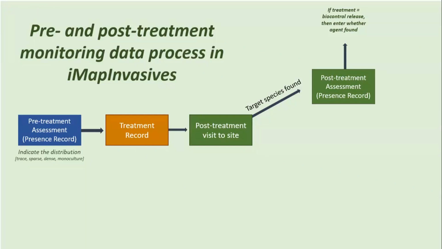If any of you were on the webinar a couple hours ago, Stacy Endres gave this elegant presentation about purple loosestrife biocontrol, and the Galerucella beetle has spread from the release sites on its own over the course of the last 25 years quite successfully. And so you might find these biocontrol agents on the host that you're capturing that presence record on. Next.